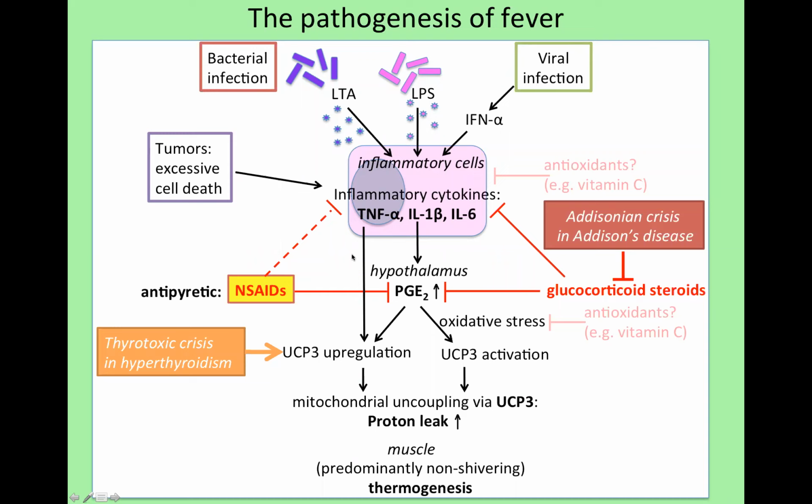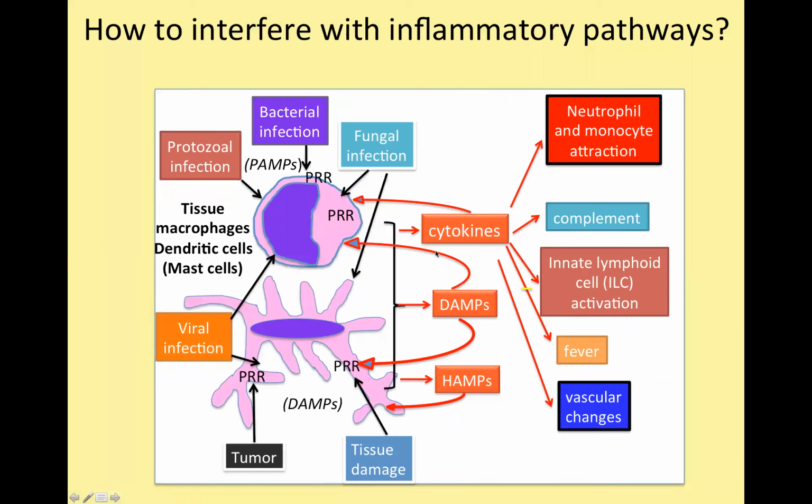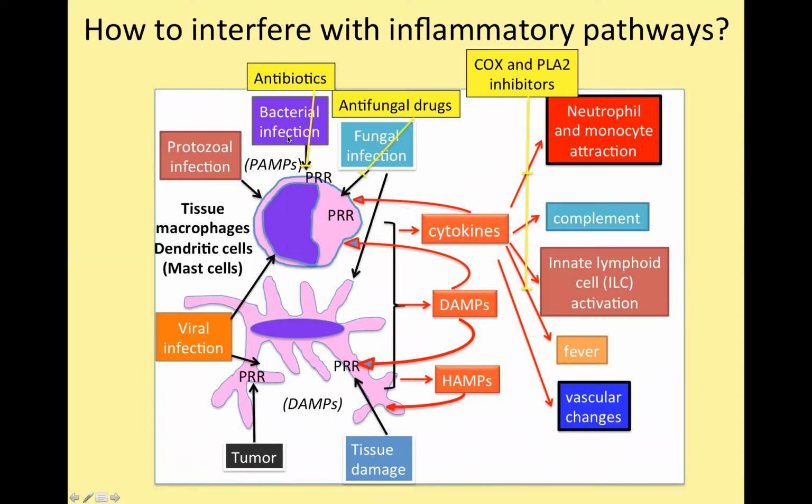Glucocorticoids, steroids, and non-steroidal inflammatory drugs not only block this step, they may act at an earlier step in inflammation. So how can we interfere with this one? Inflammatory reactions. The majority of our drugs are claimed to be COX inhibitors or phospholipase A2 inhibitors. Antibiotics act against bacteria or antifungal drugs and block the fungal infection.